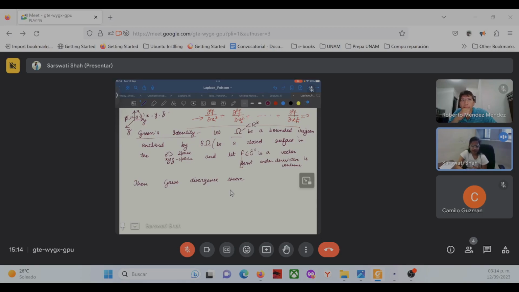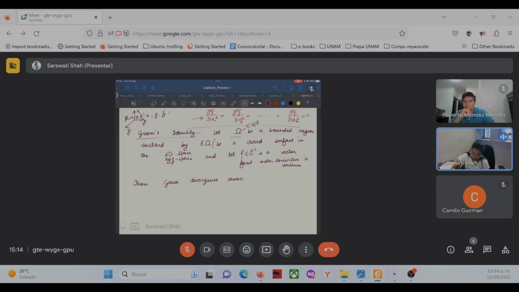This theorem plays a vital role in all areas of mathematics where we talk about the volume and the surface. So omega is a bounded region. So it has a volume because it is in 3 dimensions, and its surface, that will be the boundary of omega, will form a closed surface of the region omega.